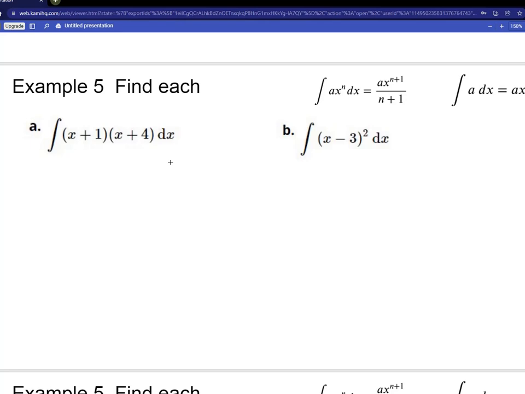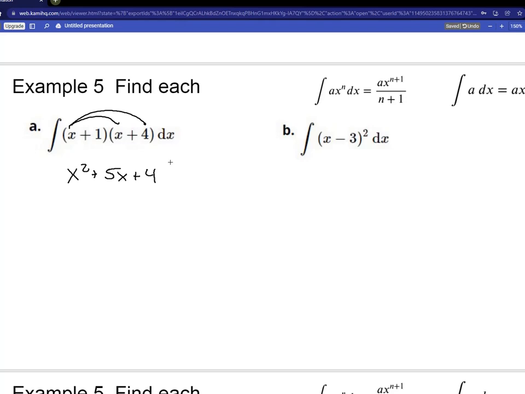All right, so try this one. Multiply those together. Tell me what you get. I'm going to try the FOIL method. So you got x squared, and then you'll get plus 5x, right? And see, this one's not too bad, but do you see how it's going to be 4x plus 1x? And then what's 1 times 4? 4.